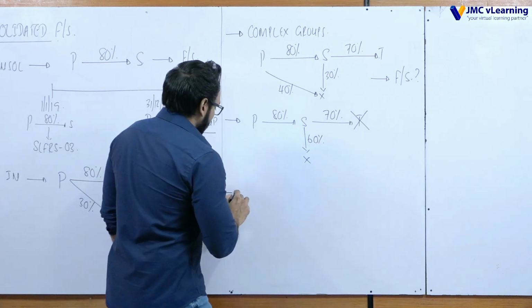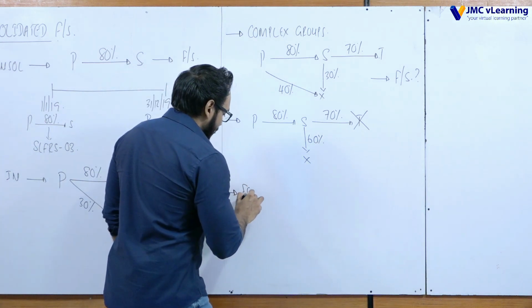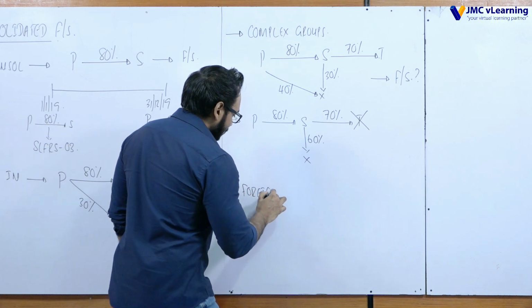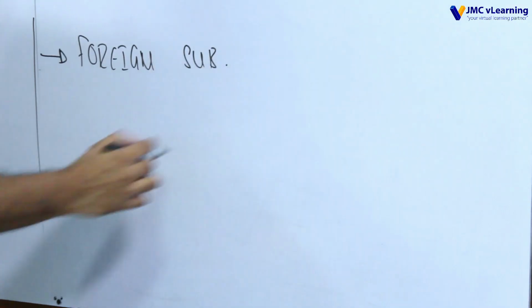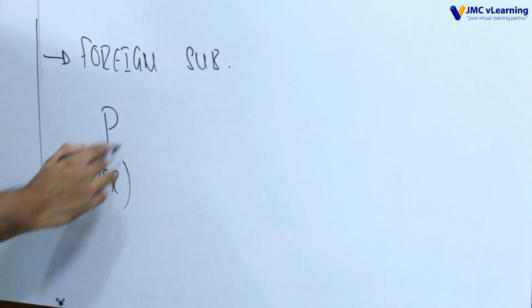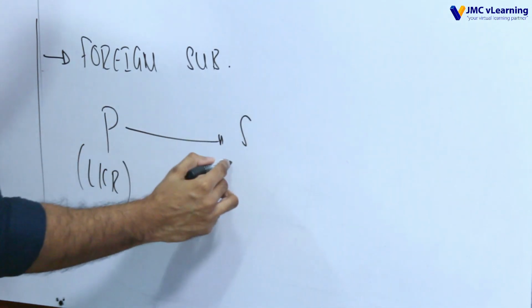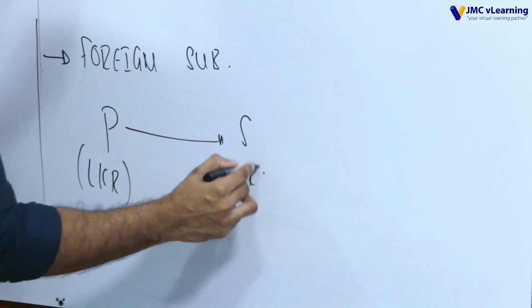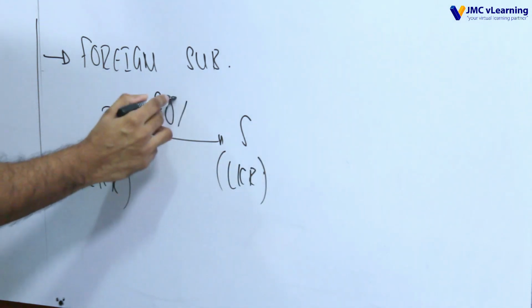Then we will move on to look at foreign subsidiaries. That's when a parent who prepares financials in LKR, let's say has a subsidiary who prepares financials in LKR, that's the usual case.